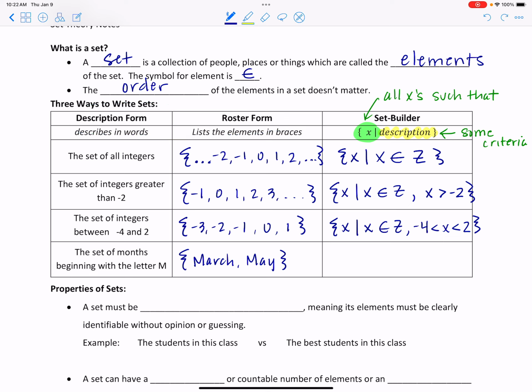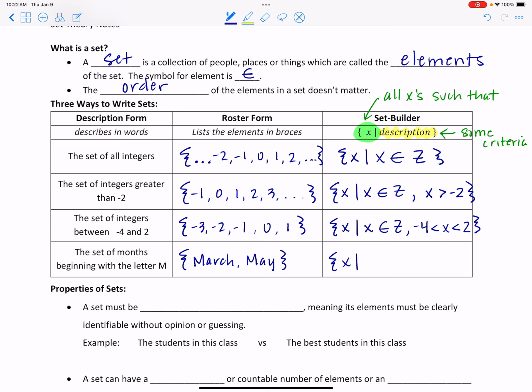When our set is not really mathematical, like this last one isn't, the set builder notation isn't typically used. We can still do it. It's just a little silly. So for example here, now I can't draw the brace on the other side. This is all x's such that. I don't have any mathematical notation to describe the months that begin with the letter M, so I'm just going to give the description.